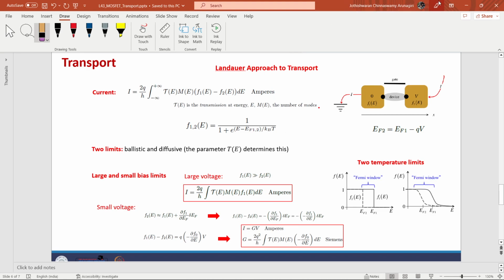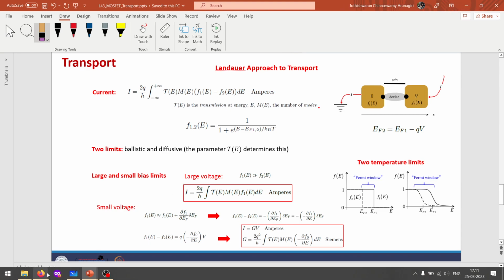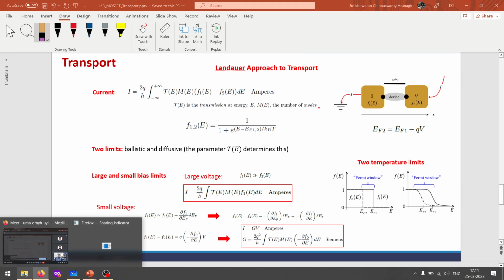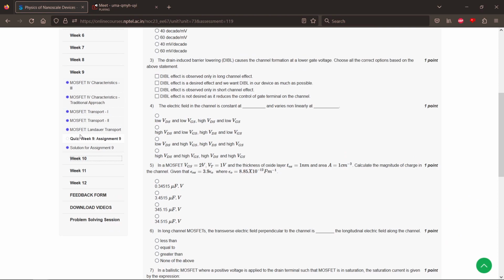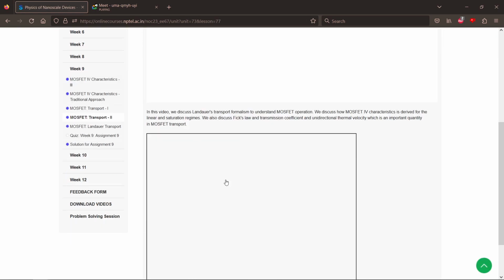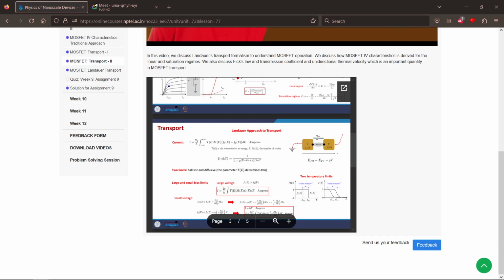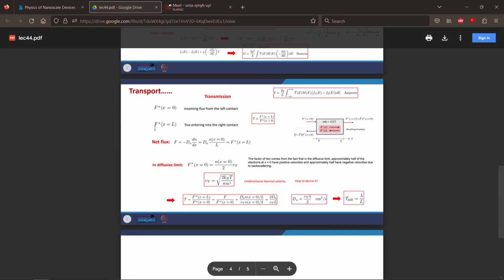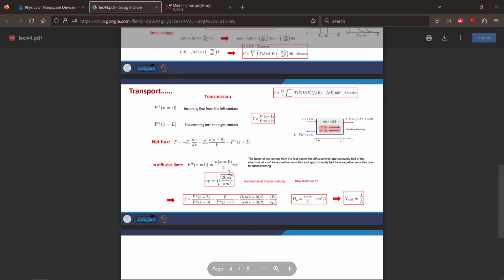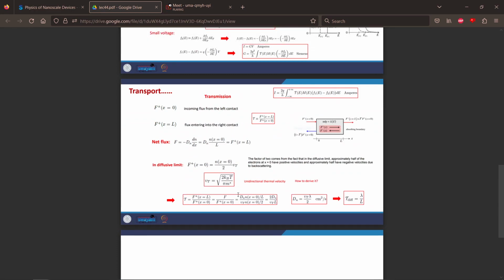One last thing before we end this session. In the lecture, transport 2, you'll come across this quantity called the unidirectional thermal velocity.